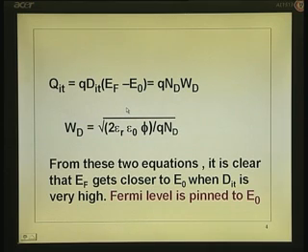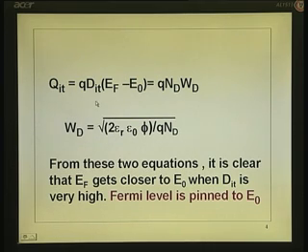I would urge that you look into it as an exercise, because it is a simple matter to see. All I am trying to point out from this analysis is that ultimately E_F tends to become closer and closer to E_0 if D_IT is large.